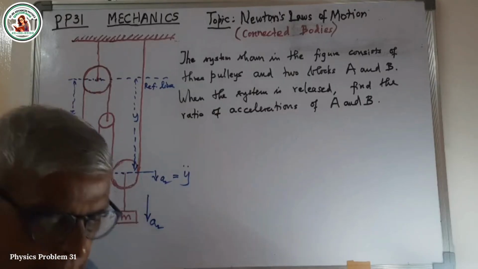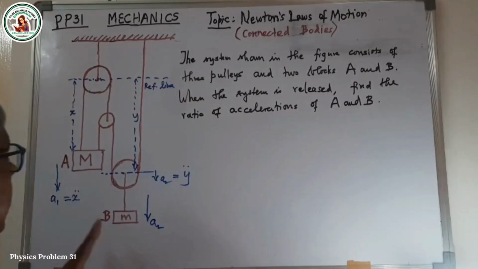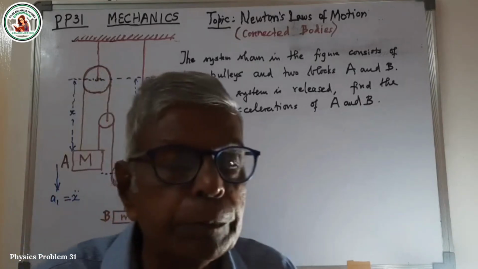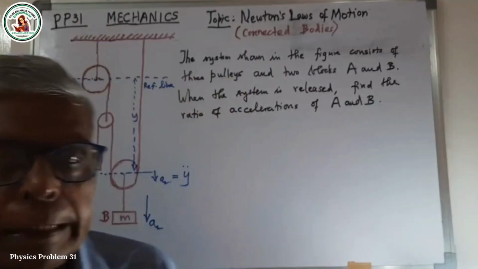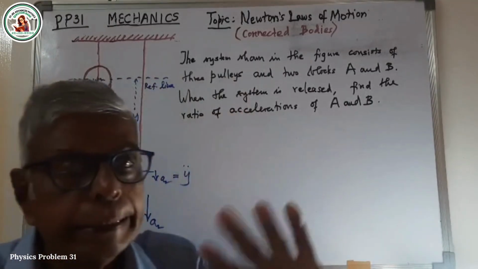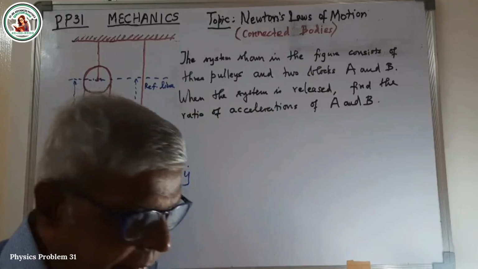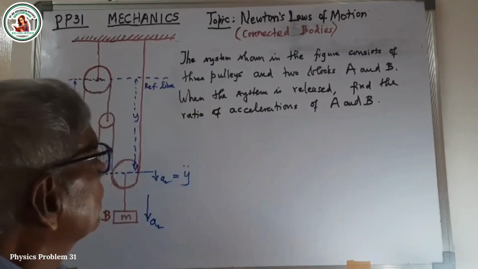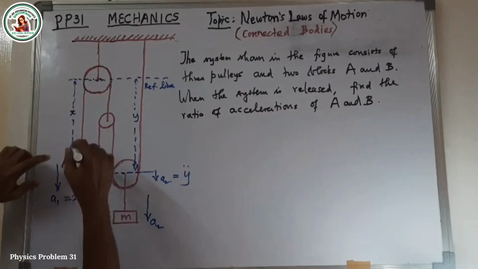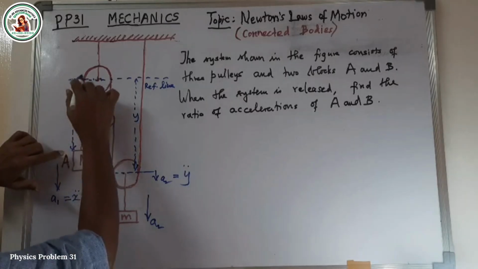That we take note of. Then there are two strings involved. The strings are assumed to be inextensible. Inextensible means that as the system moves, the string length will not change. That is the string length constraint, and based on that only we have to get the required ratio. The upper string has this length plus this.